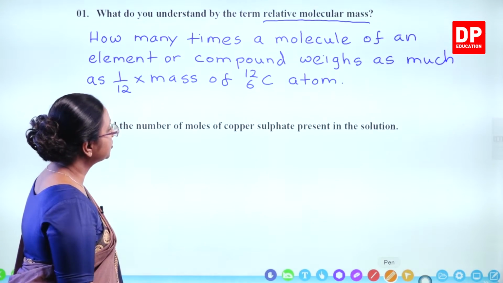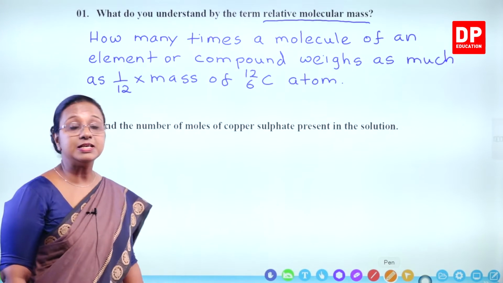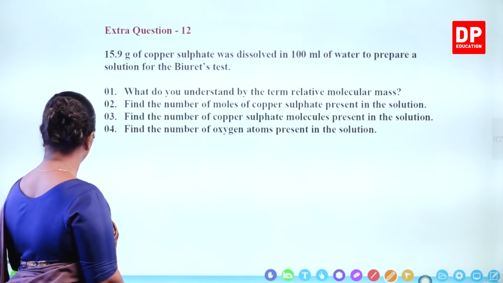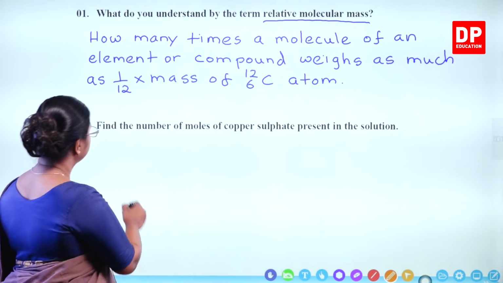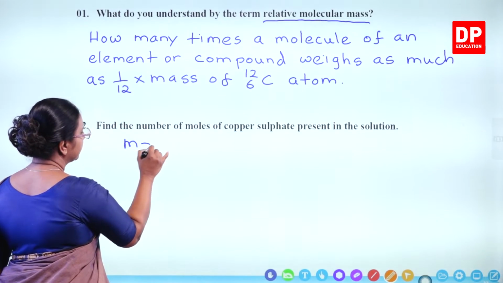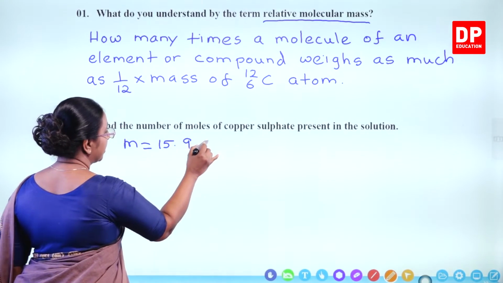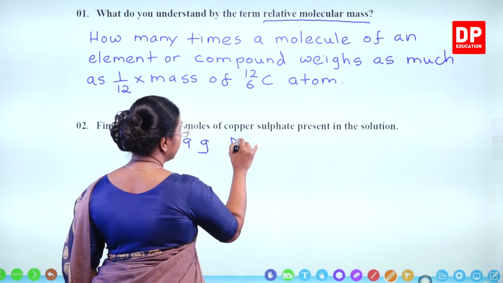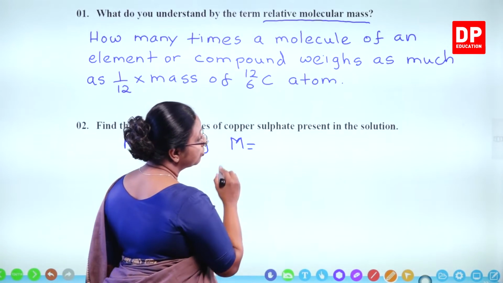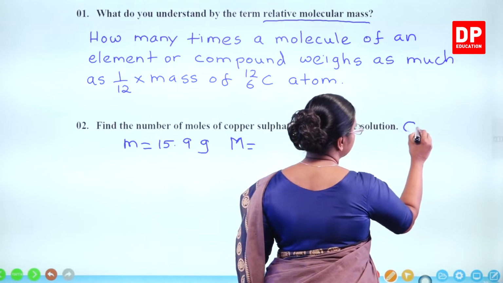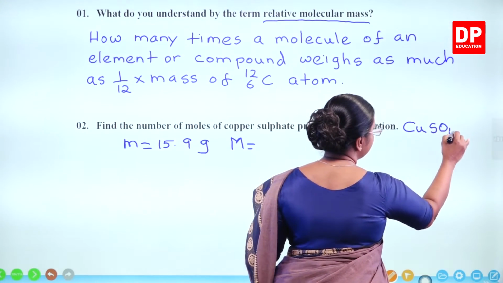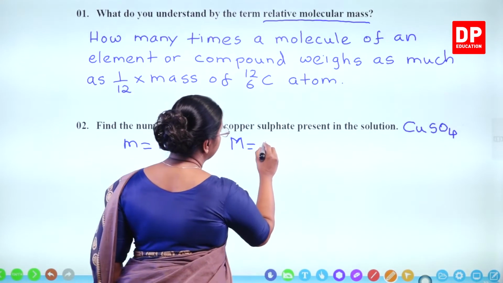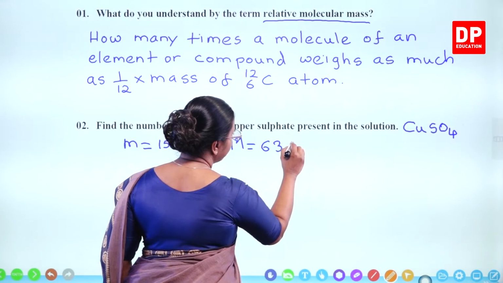Find the number of moles of copper sulfate present in the solution. What was the mass of copper sulfate? 15.9 grams. So here we know the mass is 15.9 grams. What else do you need? You need to know the molar mass. To do that, you should know the chemical formula. I'm sure you know that very well. CuSO4. And what is the relative atomic mass of copper? That is 63.5.